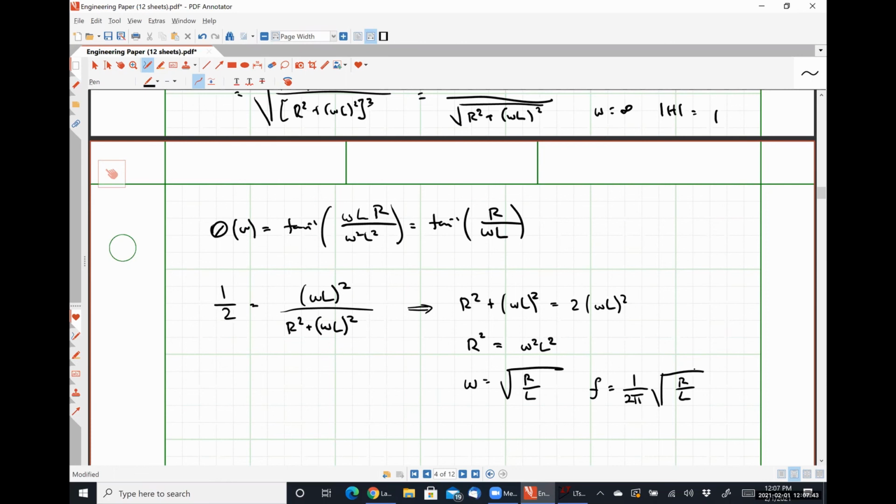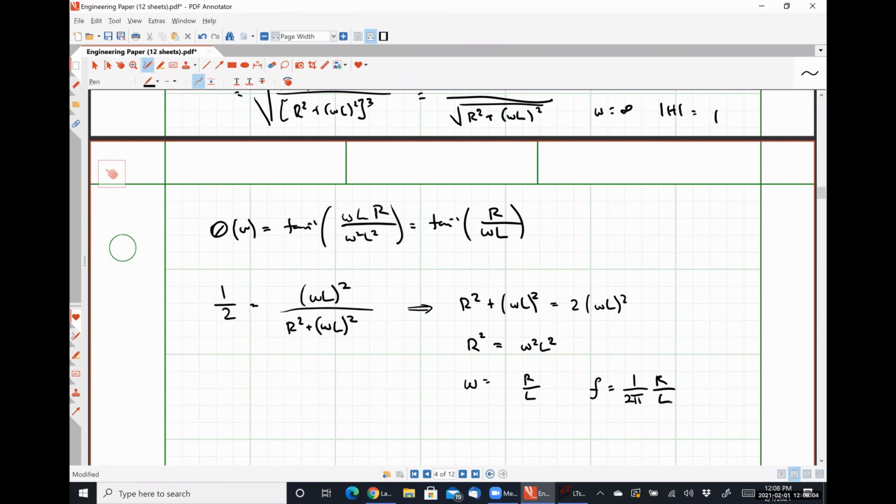I didn't. There shouldn't be a square root there. Right, because everything is squared. So omega squared is equal to R squared over L squared. So omega is equal to R over L. So there we go. That's our corner frequency.